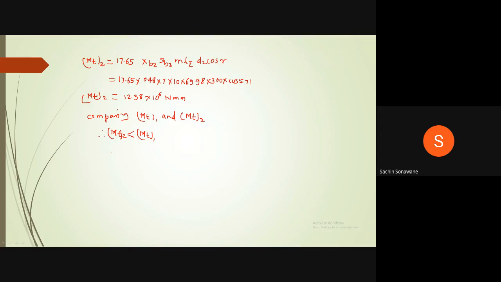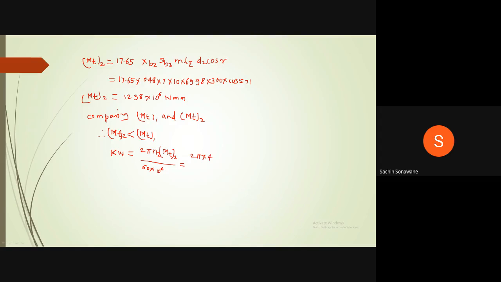Therefore, for calculation of power transmission, we will take kilowatt is equal to 2 pi N2 into MT2 divided by 60 into 10 raised to 6, because MT2 is there, that's why we have taken N2. If MT1 was there, we may have taken N1. Substitute the values: 2 pi into N2. How much is N2? 40 RPM.